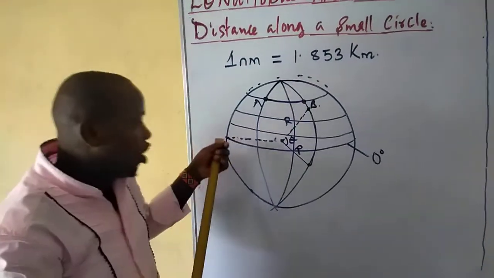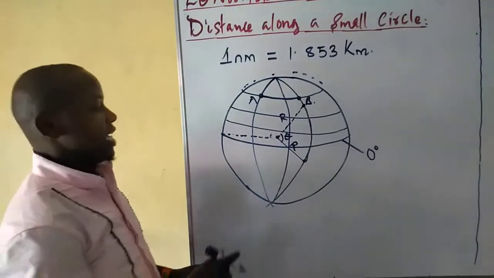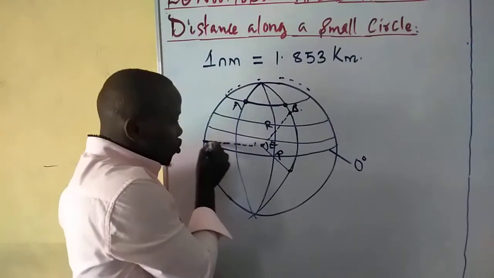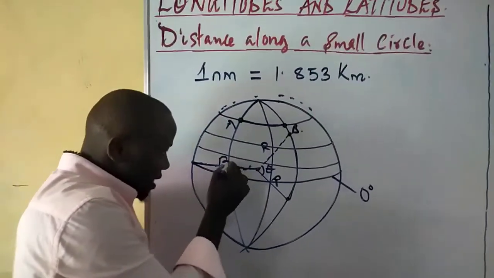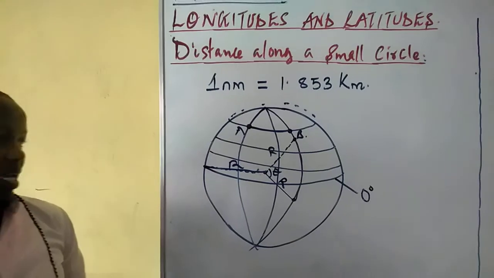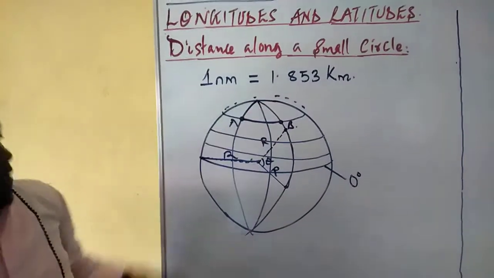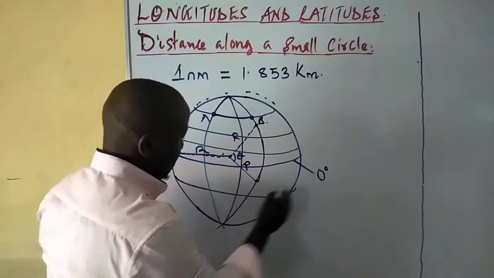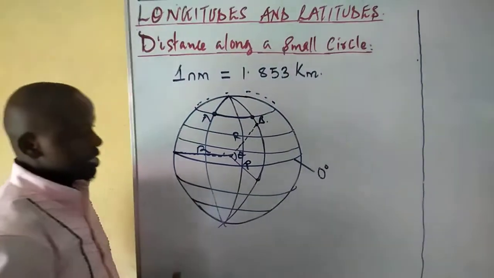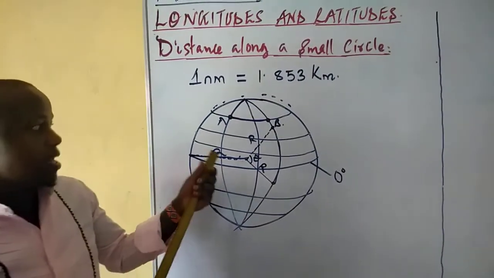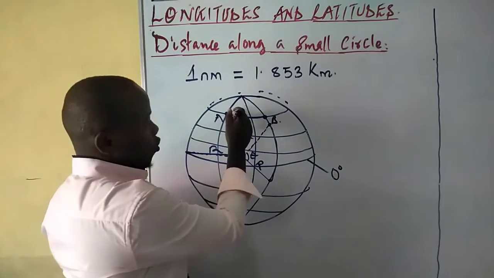It is only along the equator where we can say from here to the center of the earth is having the same radius as the earth. But for a small latitude, the radius of this latitude is not the same as the radius of the whole globe.